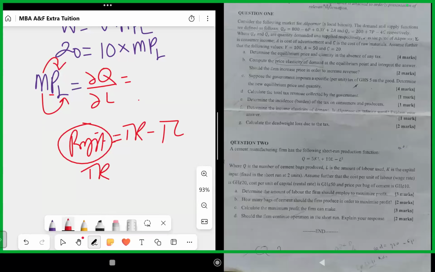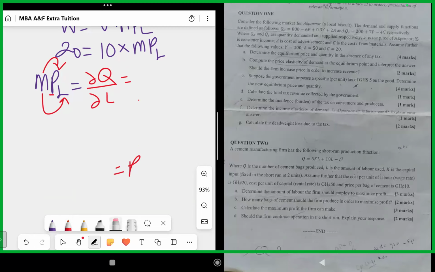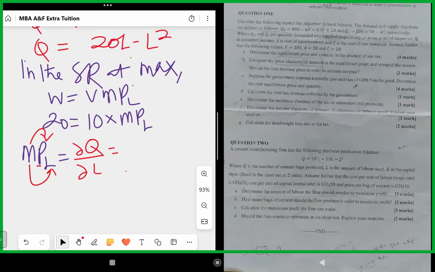If I write TR equals P times Q, it's called the revenue equation because revenue is the beginner of the equation. TC and TR are terms of the equation, and profit is the owner of the equation. So what the DQ is saying is that I should go to the Q equation, and in the Q equation, differentiate all terms with L.